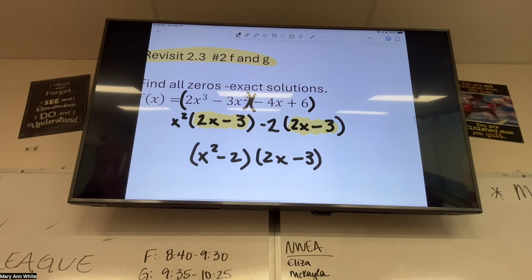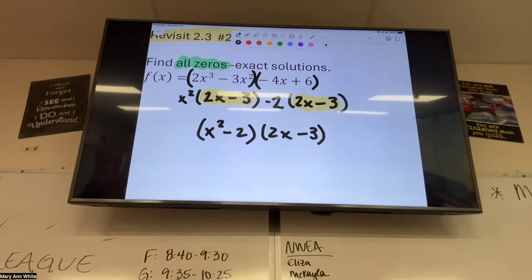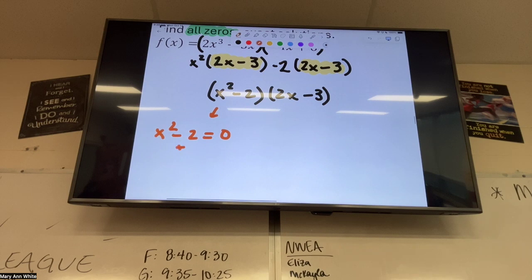If I'm finding all the zeros, that means we want to solve these. So we are going to set each of those equal to 0 to solve and figure out what x is. Okay, so I'll do the first one. That one's going to be equal to 0. Add your 2 to both sides, square root.